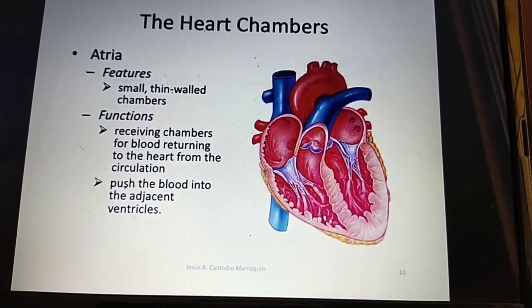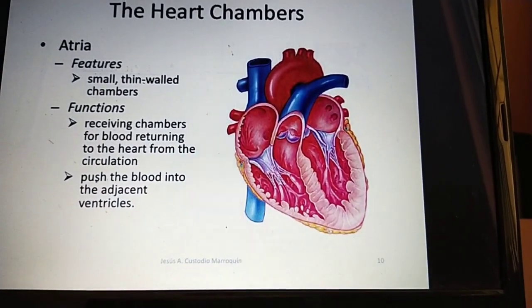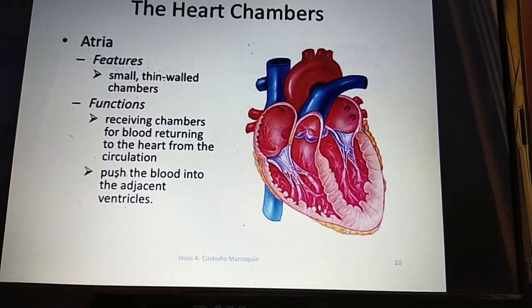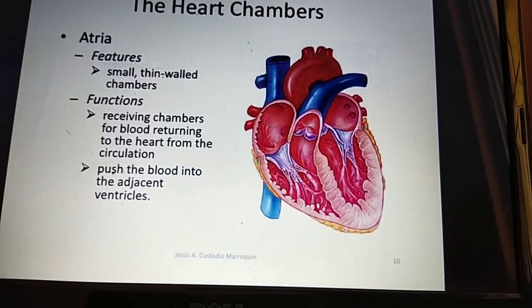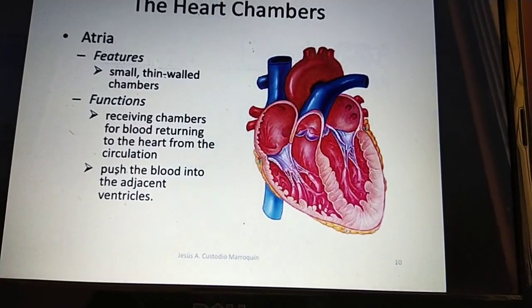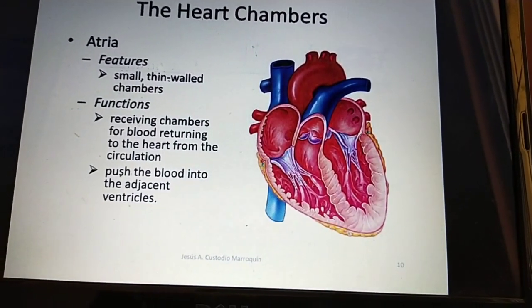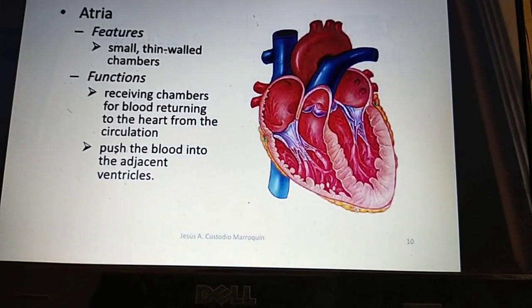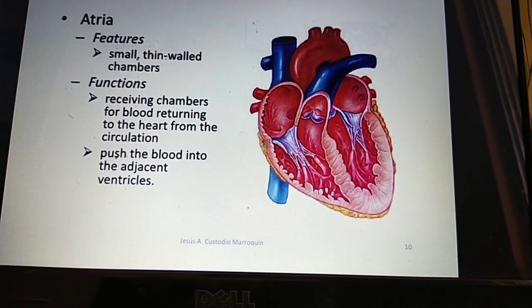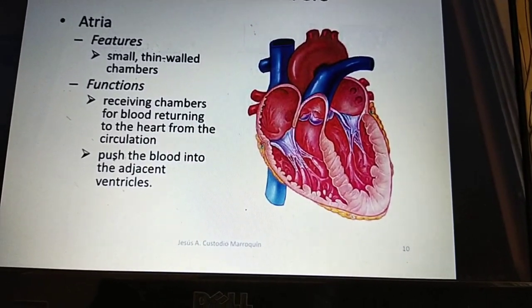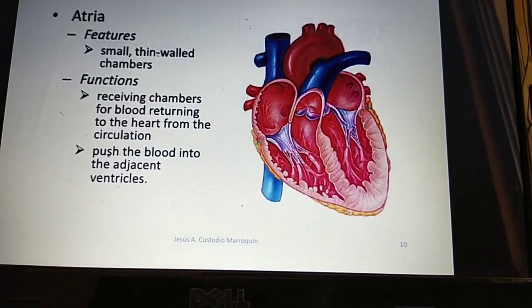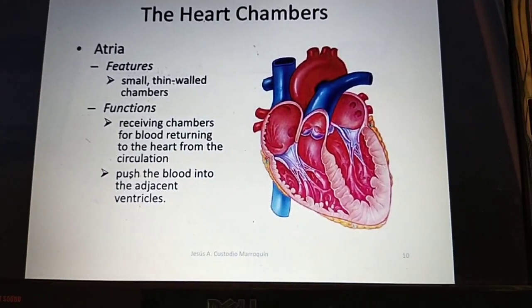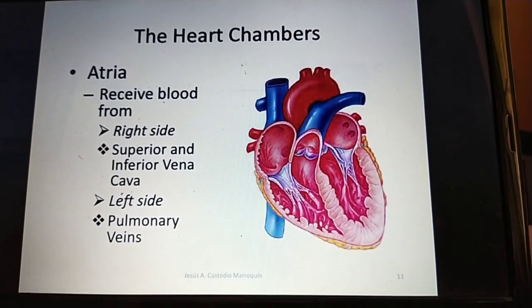Now some features of the atria. Atria are very small compared to the ventricles and they are thin walled chambers. These are receiving chambers for blood returning to the heart from the circulation, and they push the blood into the adjacent ventricles.